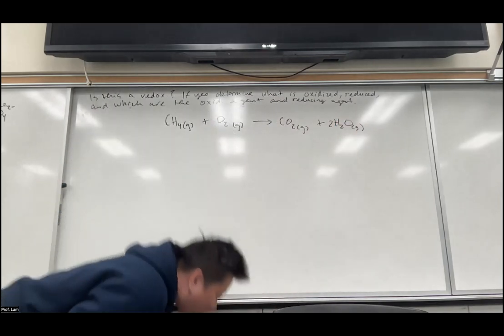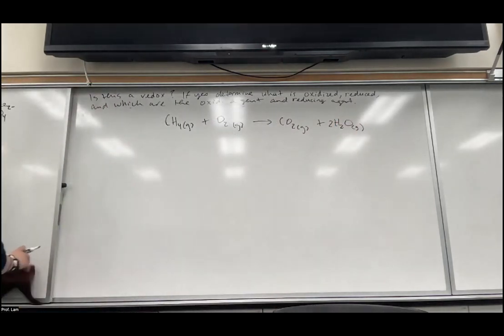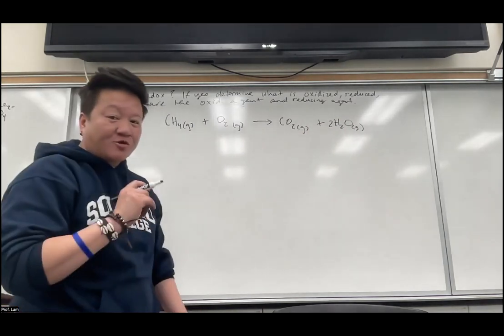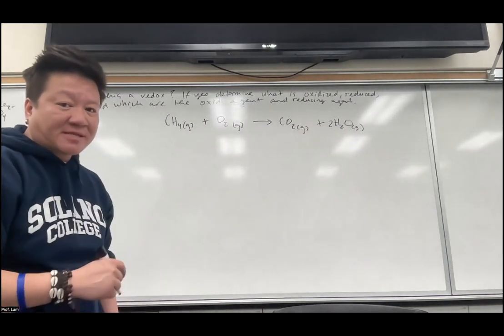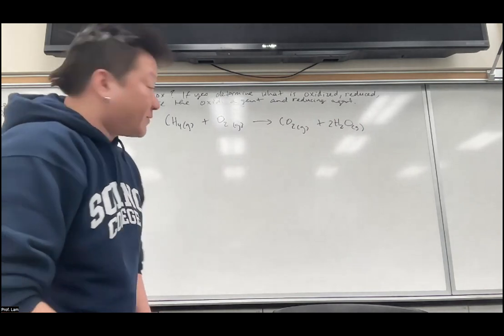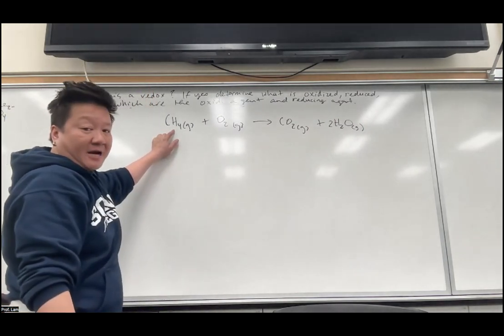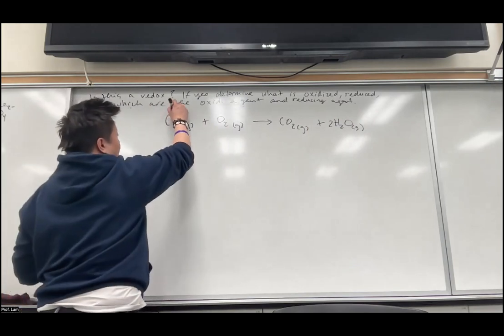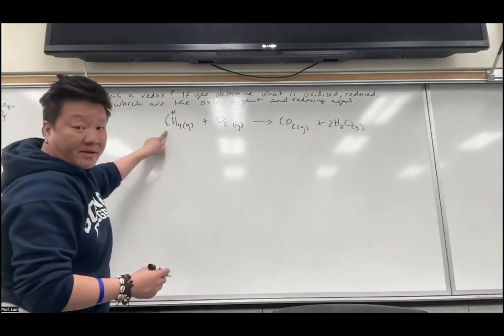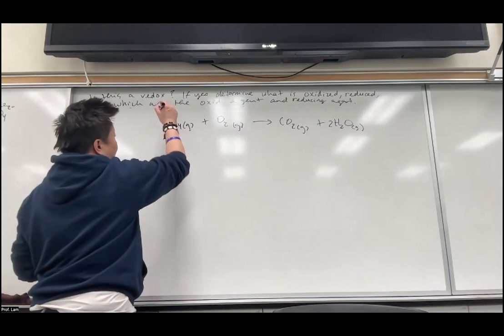Remember, before you can do any of that, you have to assign oxidation states to all atoms. That's why we practiced that before. So in CH4, which one are you going to assign first? Hydrogen, +1. So therefore, carbon has to be -4.